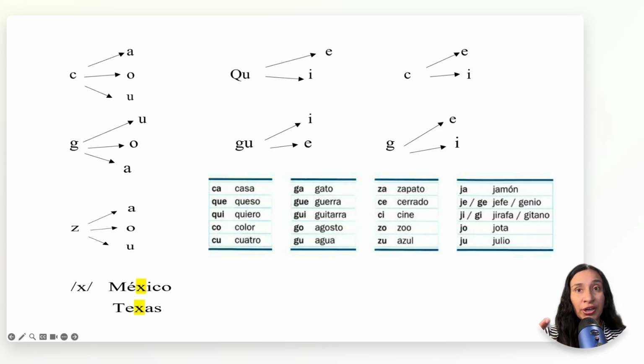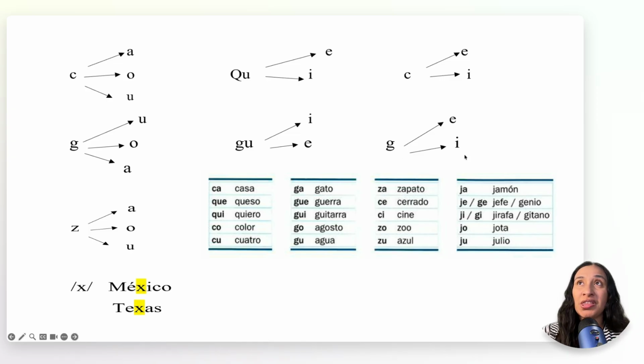Now, another letter that we see that is kind of tricky to pronounce is the G. So whenever you have G, U is gu, G, O, go, G, A, ga. Gu, go, ga, right? With the G with the E is he, right? It's not ge, it's he.